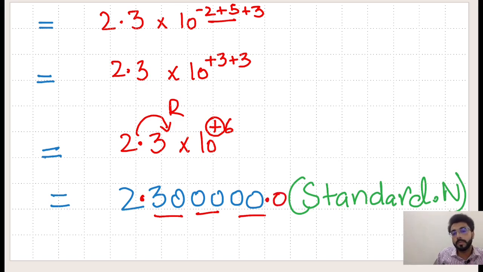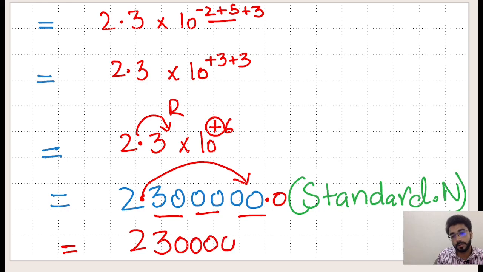The decimal point moves from here toward this. So our final answer will become 2, 3, 0, 0, 0, 0, 0. There will be 5 zeros. So this is our final answer in standard notation.